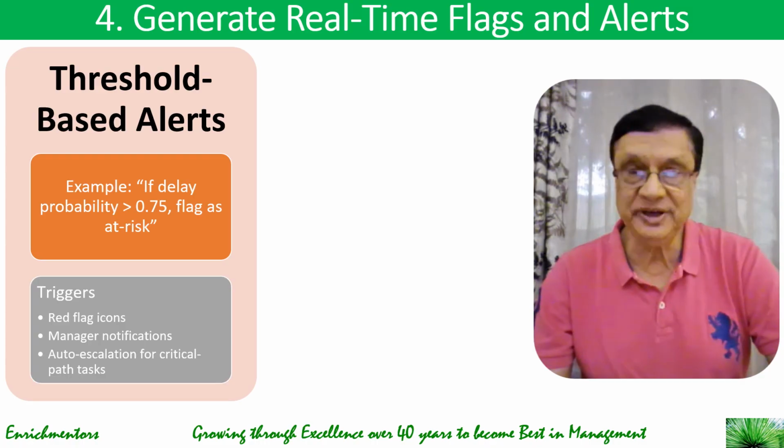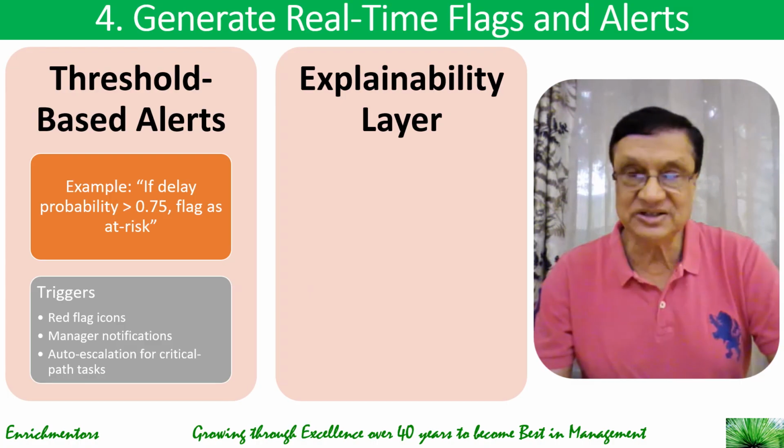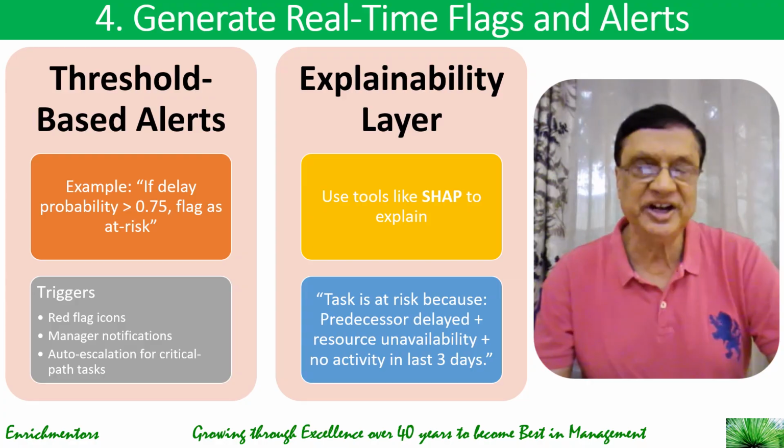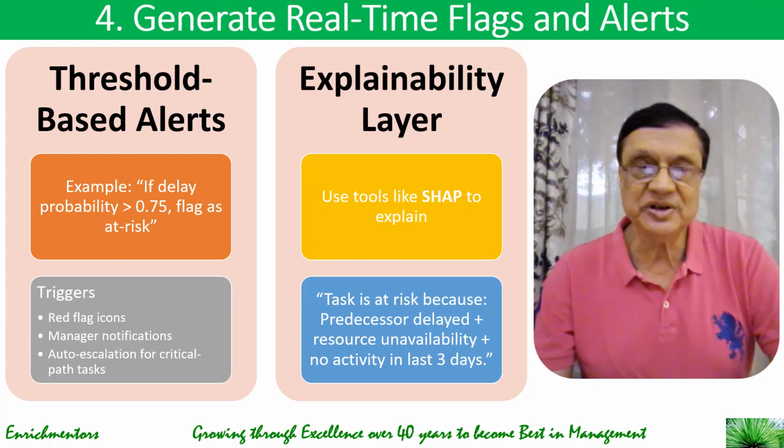And the triggers could be red flag icons, manager notifications, and auto-escalation on critical path tasks. The second thing you can add to the flags and alerts is the explainability layer. There you can use tools like SHAP to explain that a task is at risk because the predecessor is delayed, plus resource unavailability, plus no activity in the last 3 days. So like this, you can generate real-time flags and alerts.